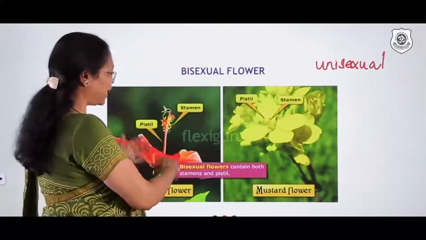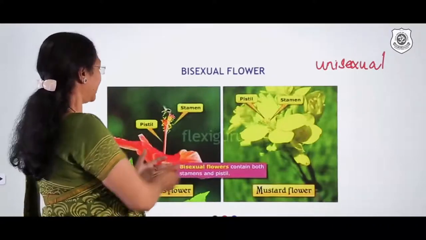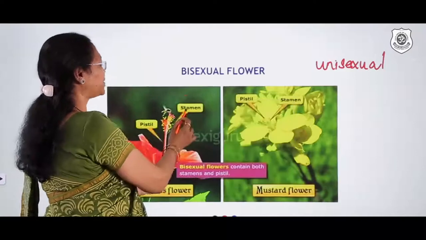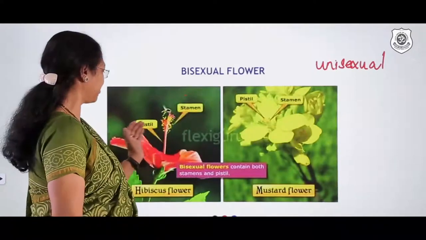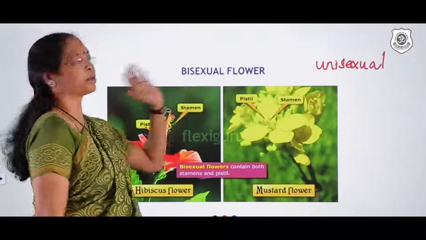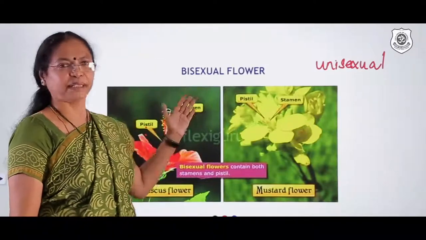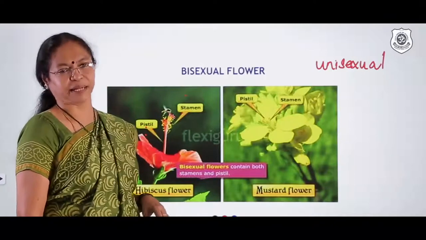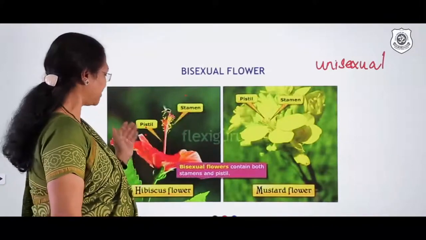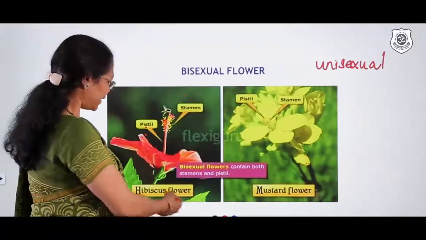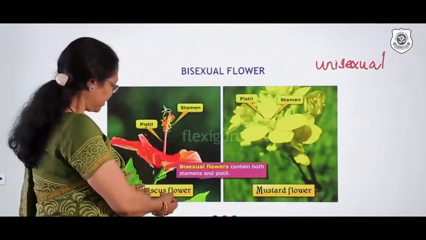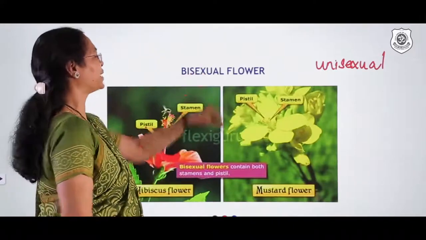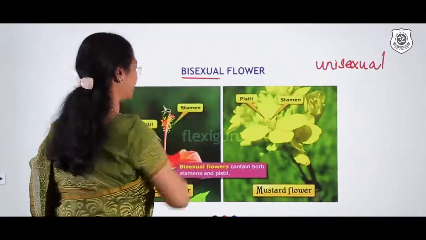If both male and female sex organs, both stamens and the pistil, are present in the flower, then you call it a bisexual flower. A bisexual flower is one where the male part and the female part are in the same flower. So the stamens are present, the pistil is also there. The common examples are the hibiscus and the mustard. Hibiscus and mustard are very good examples of bisexual flowers.